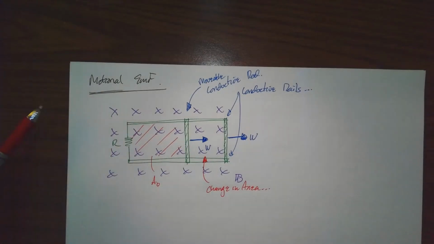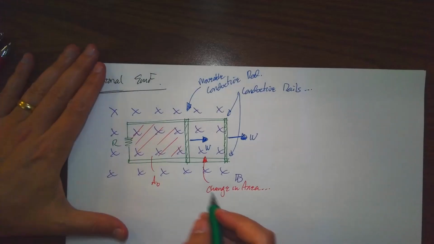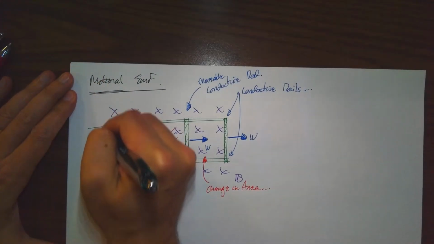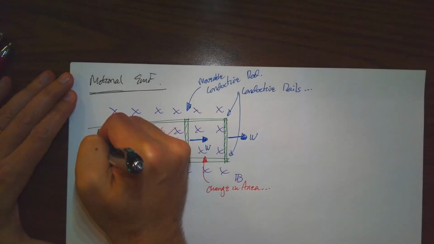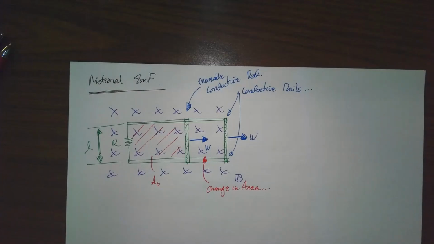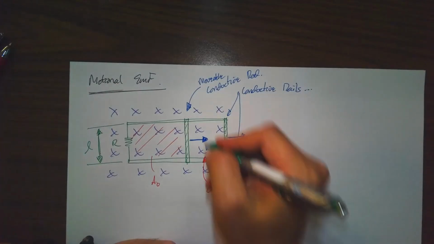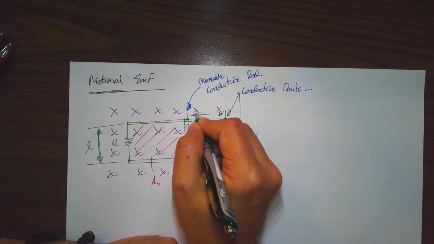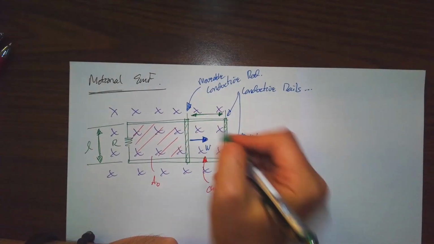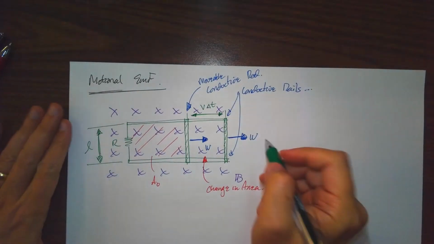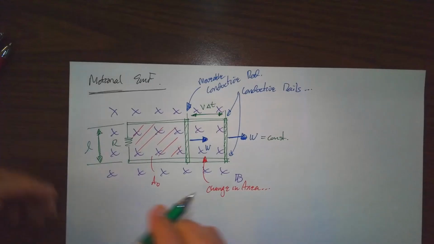Okay. And so, if we have that this dimension is L for the length of the rod as it moves down along the rails, then what we can calculate is that this distance that the rod moved would be our speed times the time, assuming that this speed will be constant.